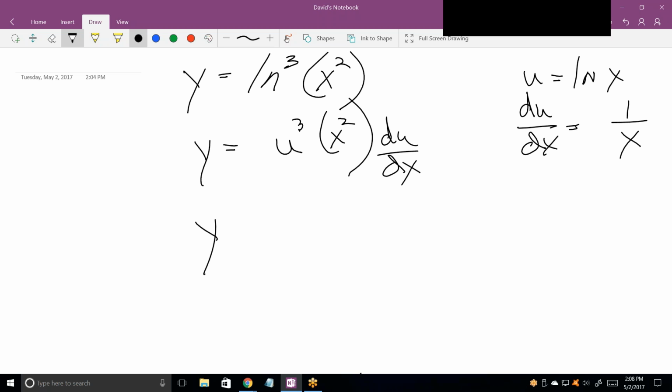So I get u cubed, which is natural log cubed of x. y prime is 3u squared of x squared times du/dx, which is that.